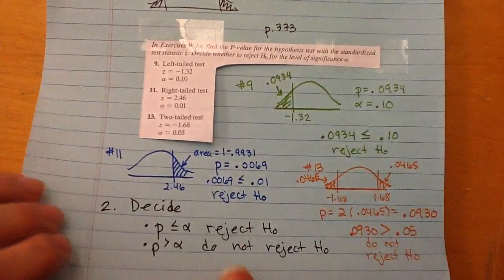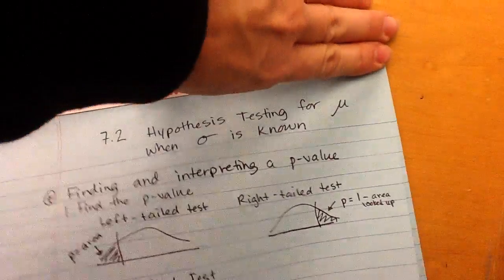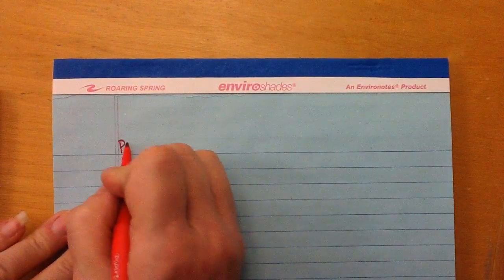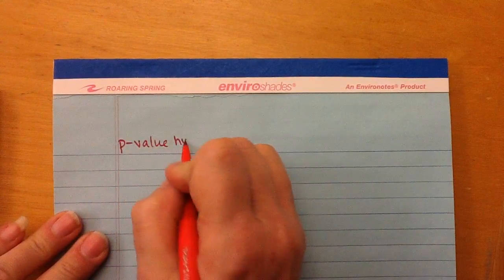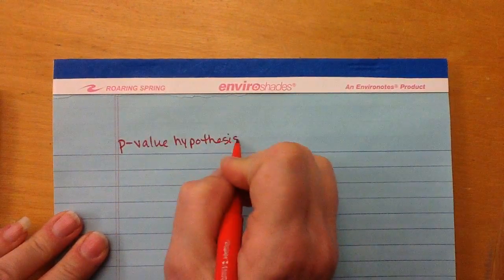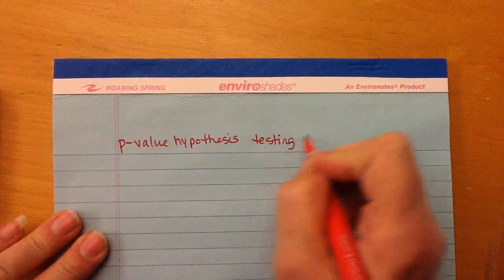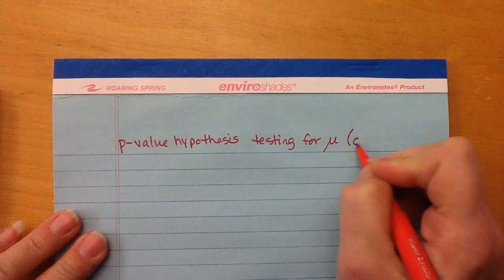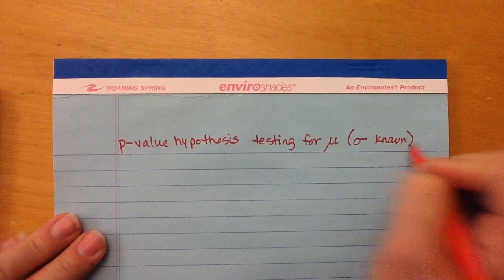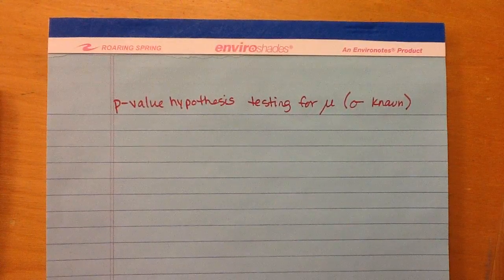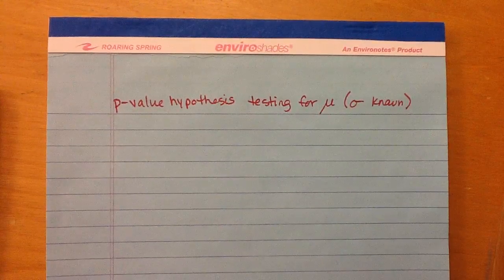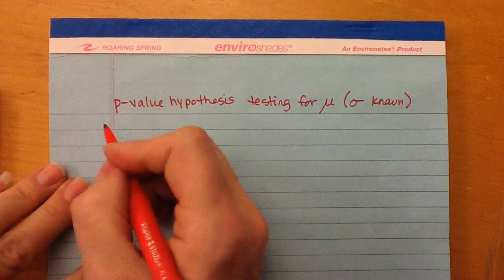Let's write down the steps for an entire hypothesis test. This is going to be the p-value method for hypothesis testing for mu when sigma is known.